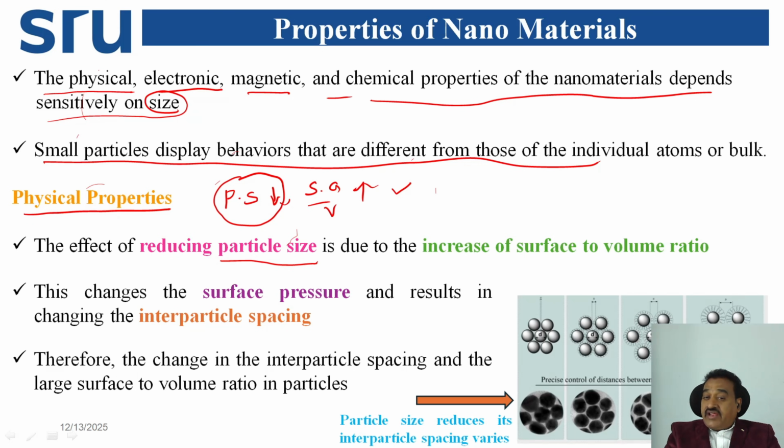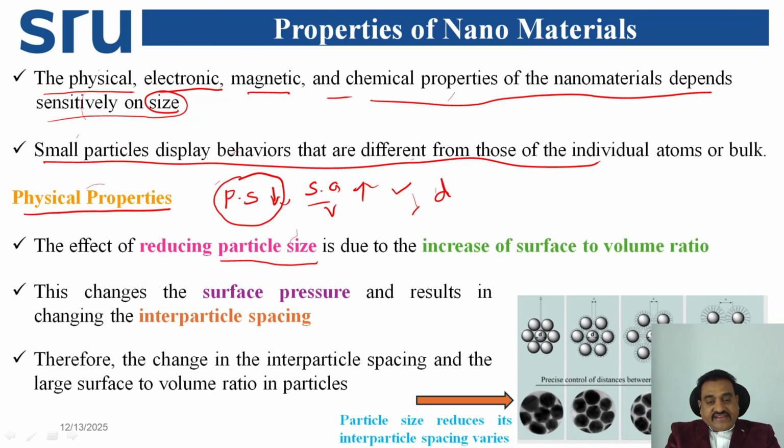This increase in surface area to volume ratio gives different properties. It changes the surface pressure, resulting in a change in the interplanar spacing. The interplanar spacing is represented by d.